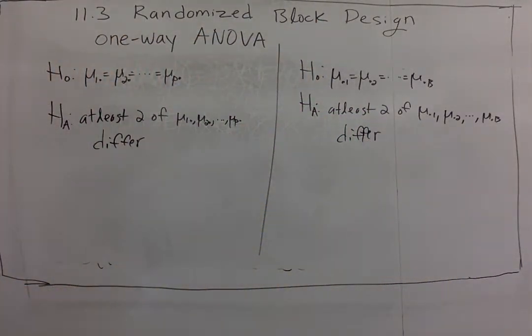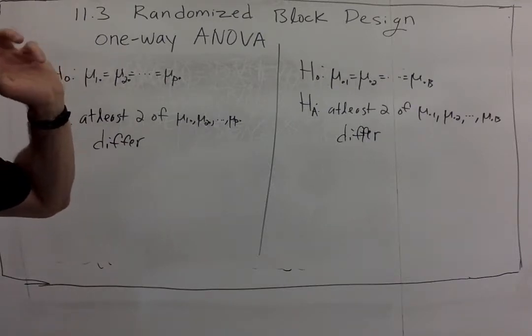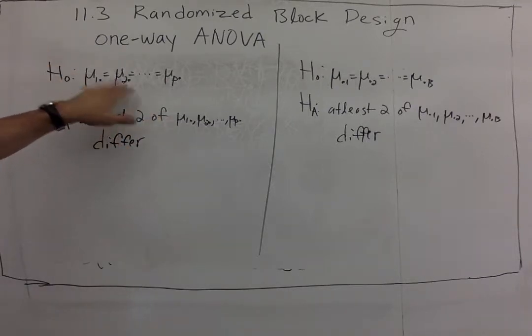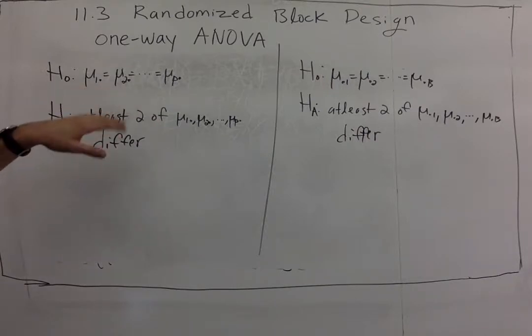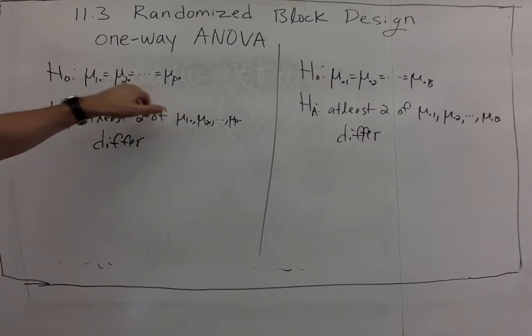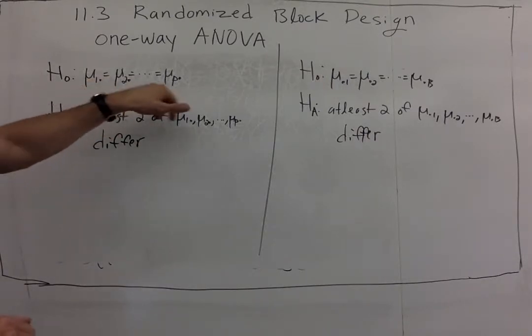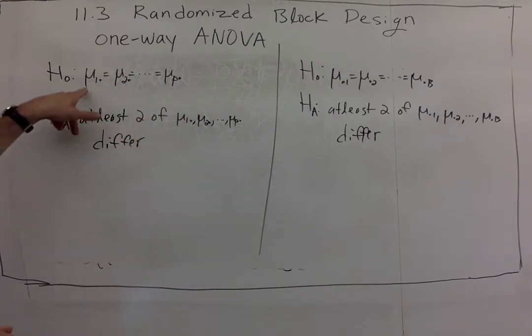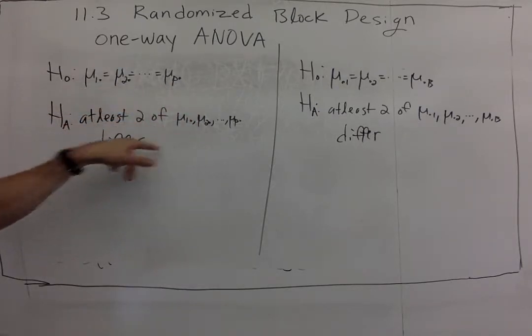Because of this setup, these are what the hypotheses would look like. Just like the previous class on Thursday, we can test for the differences in the blocks. And the differences in the factors, so we can test for the differences in production methods. We would say, are they all equal, or do at least two of them differ?